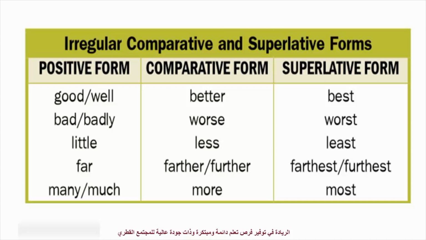In the same way, bad, badly becomes worse in the comparative and worst in the superlative form. Little becomes less and least in the superlative. Far becomes farther and further, farthest or furthest. Many or much becomes more or the most.